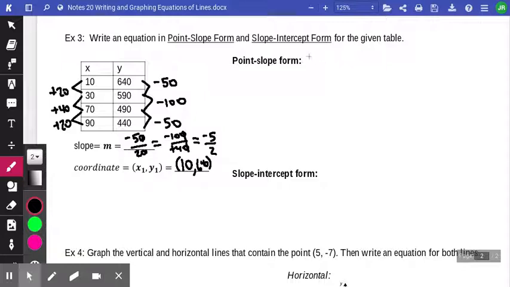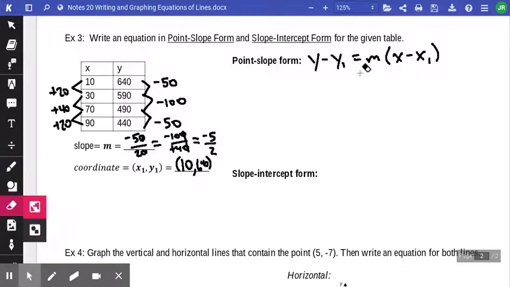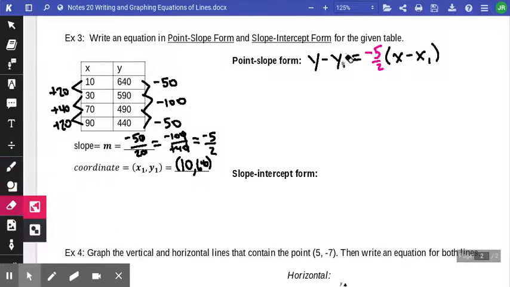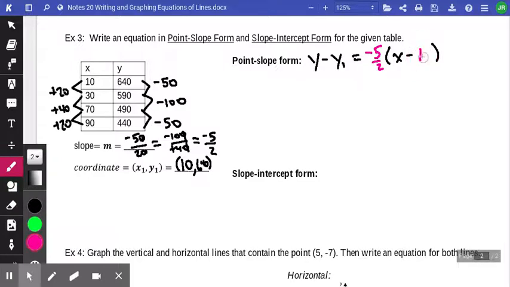So point slope form, y minus y1 equals m parentheses x minus x1 close parentheses. Erase and replace m. Our slope m we said was negative 5 over 2. Erase, replace x1. x1 is positive 10.